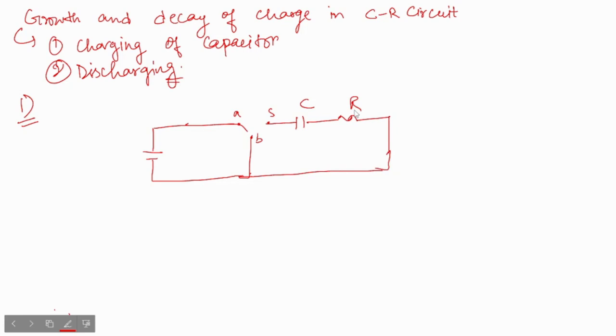Now in charging of capacitor, first we are charging the capacitor. So we are joining this point A and S, so this will not be having any use. Now we are joining this at t equal to 0.